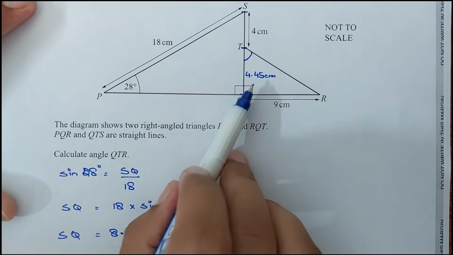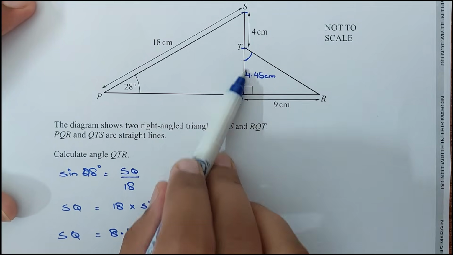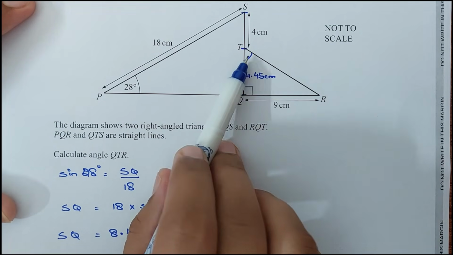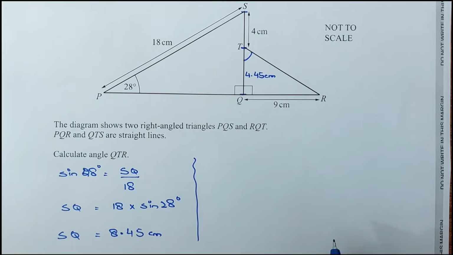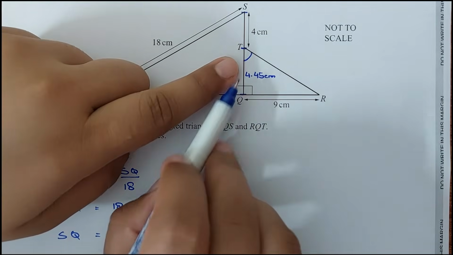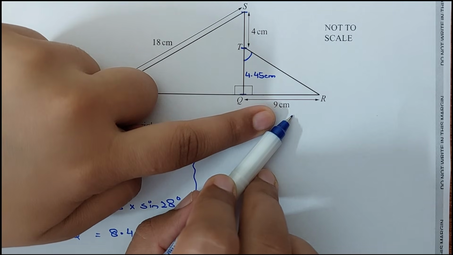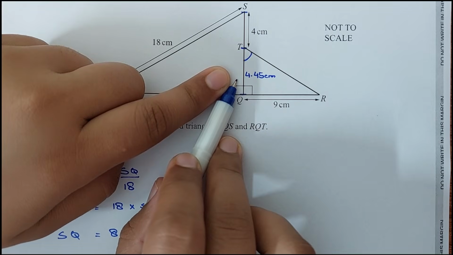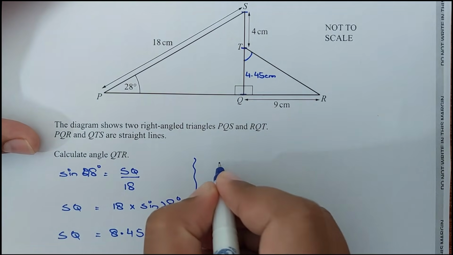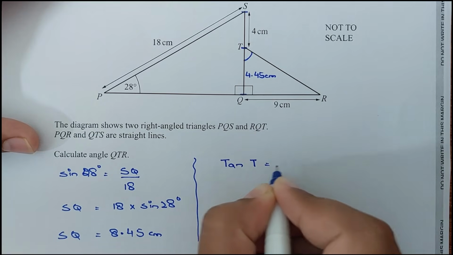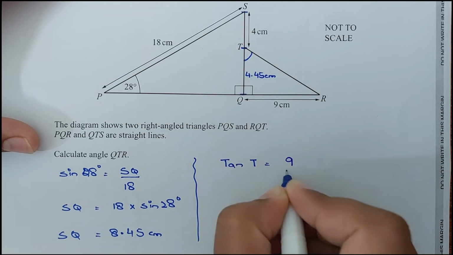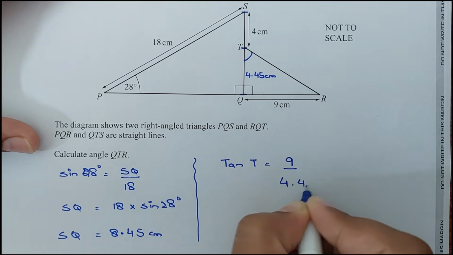Now for this triangle, we have this length and this length, and we have to find that angle. Again it is a right angle triangle. So we know the front side is opposite and this is the adjacent side. So we can use the trigonometric ratio for the tangent. Tangent of angle T is opposite 9 over adjacent 4.45.